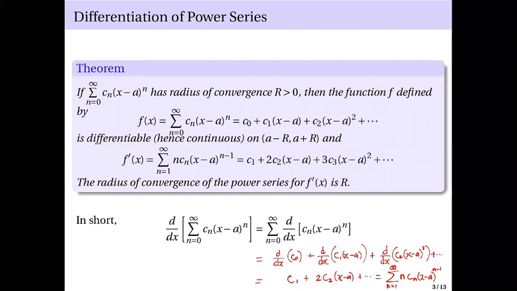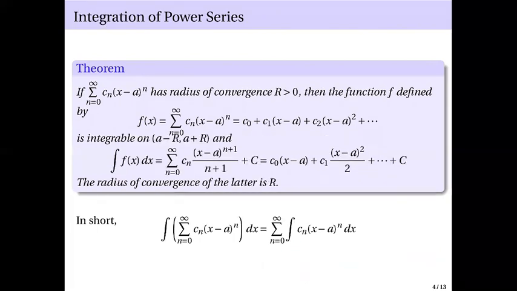And then the second theorem is the following. If you have the power series and it has a positive radius of convergence r, then the function f defined by this power series is integrable on the interval (a minus r, a plus r). Also, if we get the integral of f of x dx, we have the following expression.